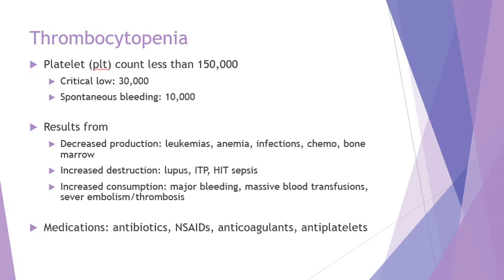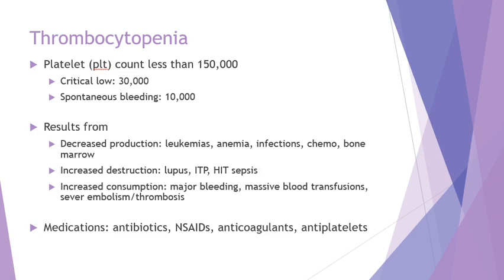So these problems with thrombocytopenia come in three forms: decreased production, increased destruction, and increased consumption. I did make you a table that lists some examples of those and management of those, because you know I like a good table.